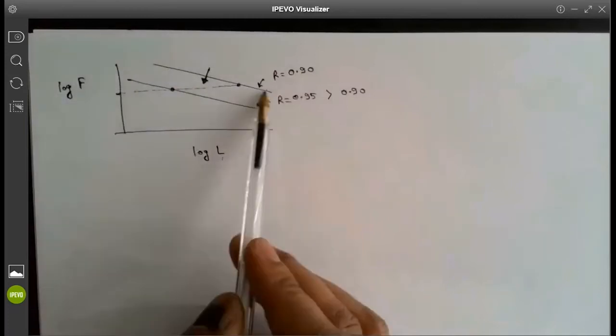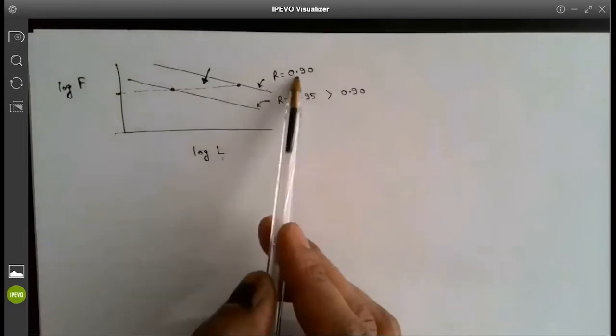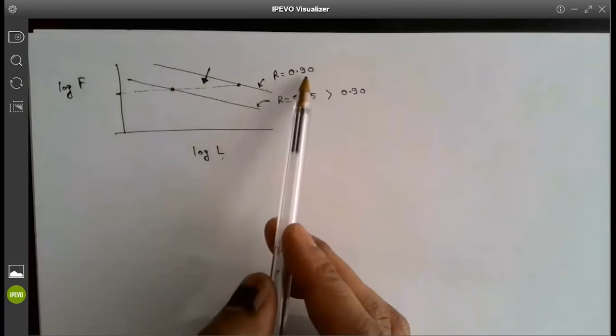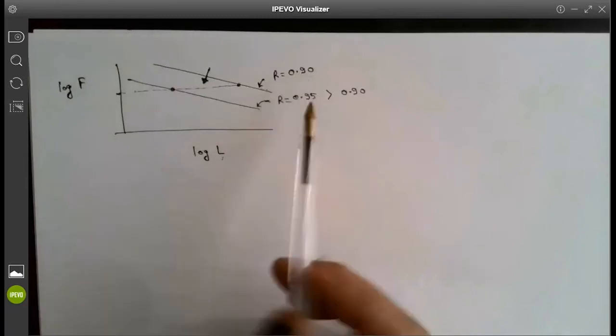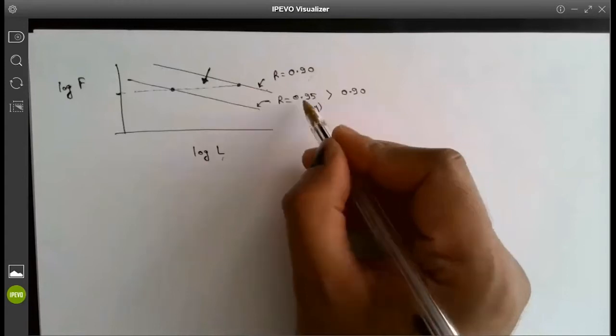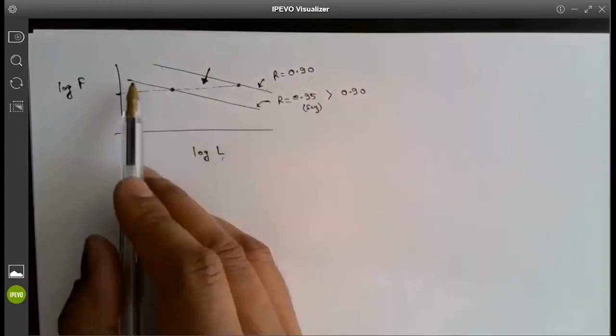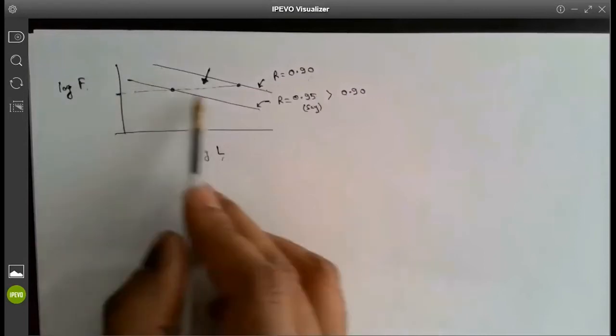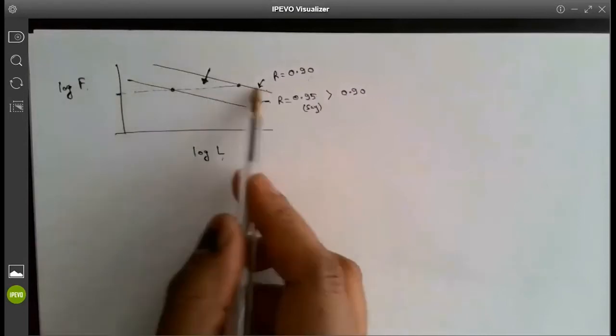So this is the straight line for a reliability of 90%. And if you would like to have a reliability of greater than 90%, say 95%, I will again get a straight line between load and life, but my straight line would be below this line of 90%.